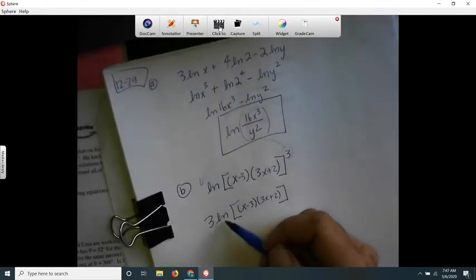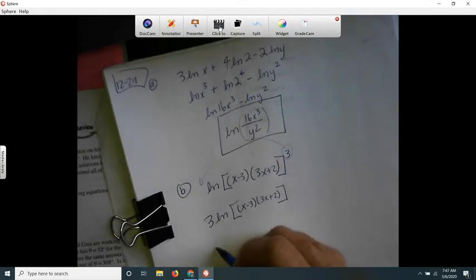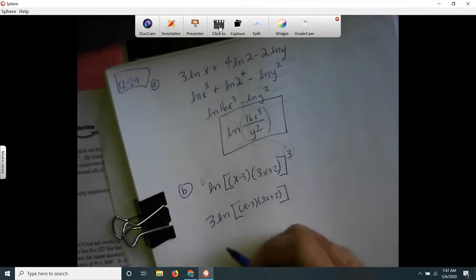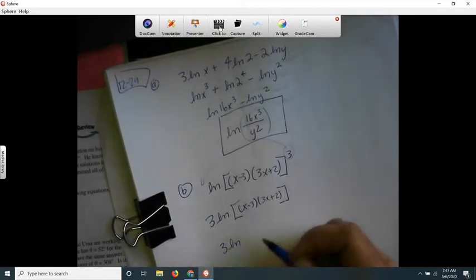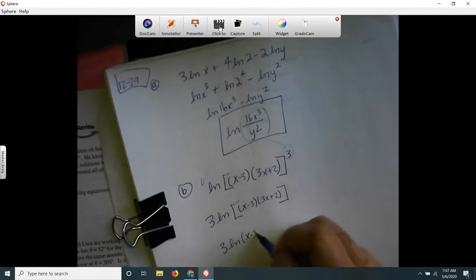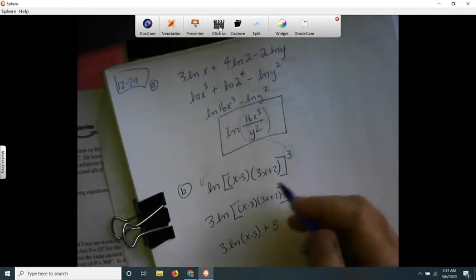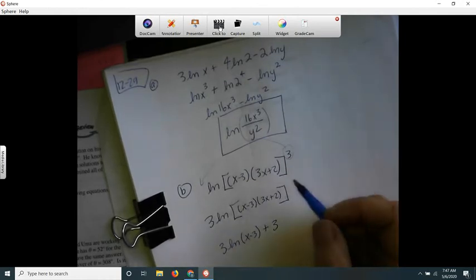I think the 3 needs to go with each of them. Or I could put parentheses, either way. It's like I'm distributing it like this.